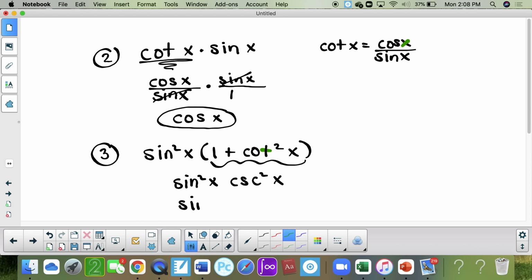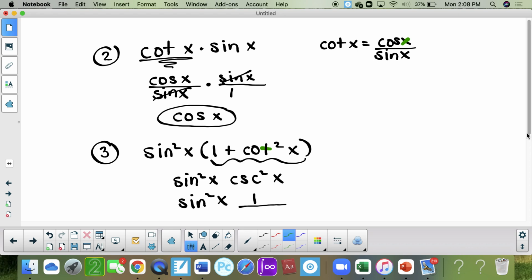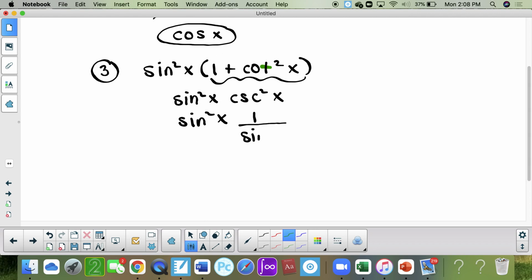This is the same thing as 1 over sine squared x, because this is the reciprocal. You can put this over 1, and everything in the numerator cancels with everything in the denominator, so you're left with just a 1 for number 3.